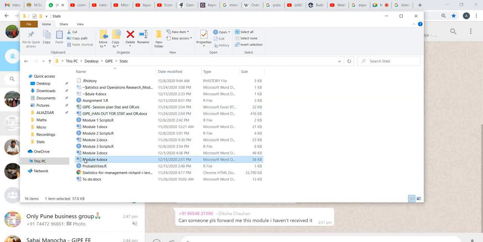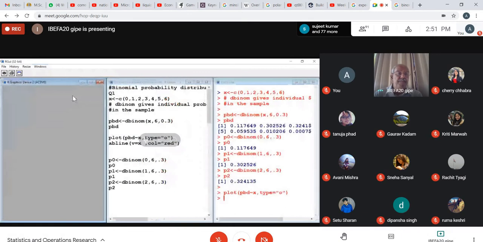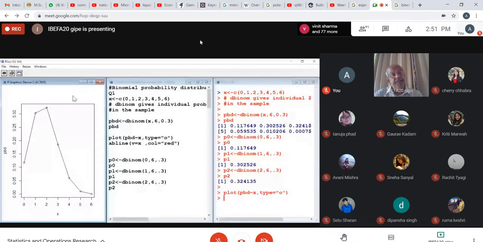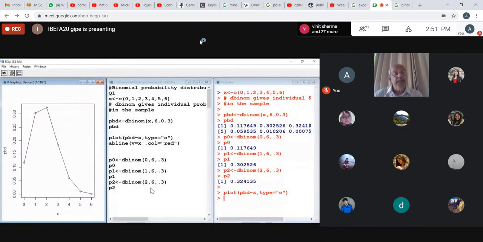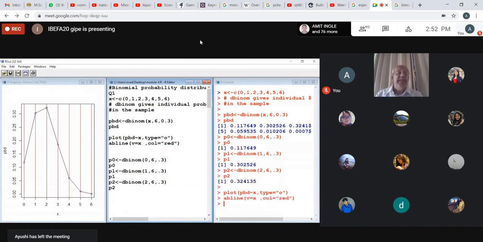Let us see the graph. If I draw the vertical line for each x value, the intercept on the graph is the probability.